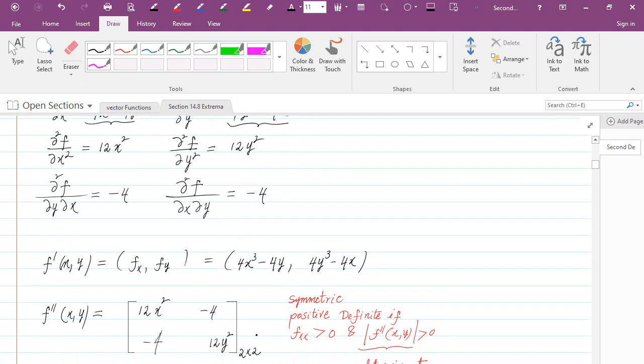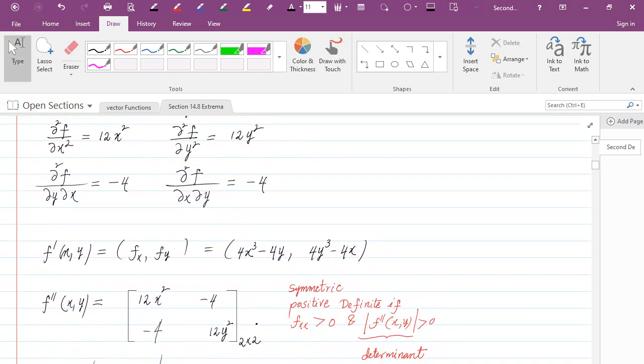And the second order derivative of f would be the 2 by 2 matrix, where the first entry would be the second partial derivative of f with respect to x twice, so that's 12x squared. The entry in the second row, second column would be 12y squared.